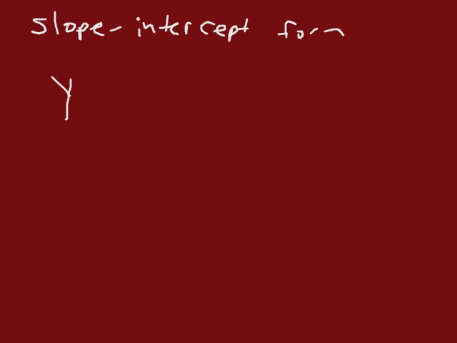As I said, this is called slope-intercept form. And what slope-intercept form is, it's the equation of a line given in this way: y equals mx plus b.